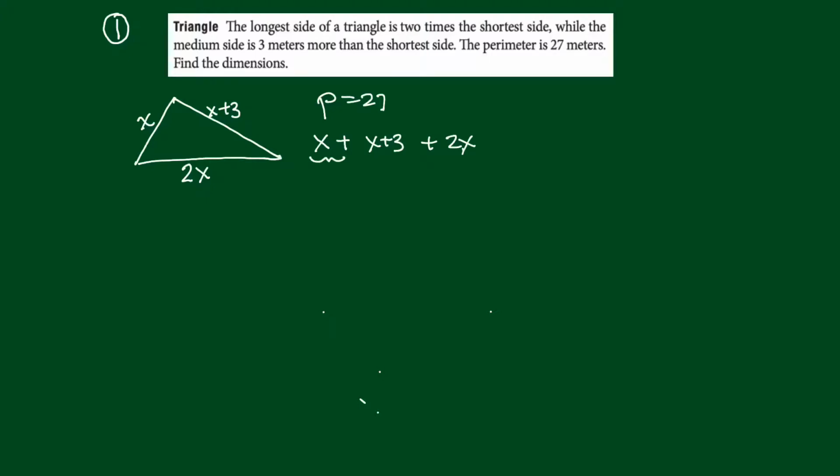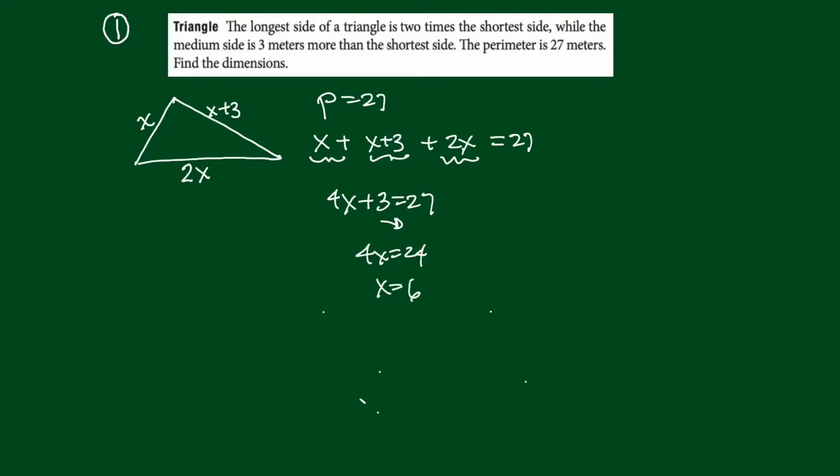So I've got the short side, the medium side, the long side, and if I add those up, I get 27. Let's solve it. 1, 2, 3, 4. I got 4 x's. Plus, and plus what? Oh, just plus 3. That's equal to 27. Well, I'm one step too far. There we go. Subtract 3. So I get 4x equals 24.